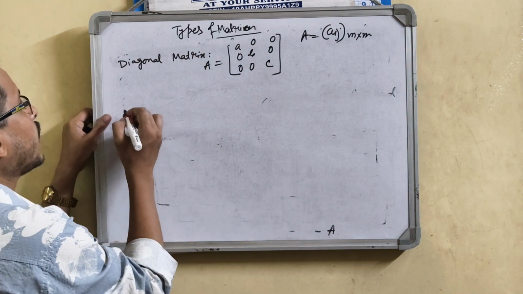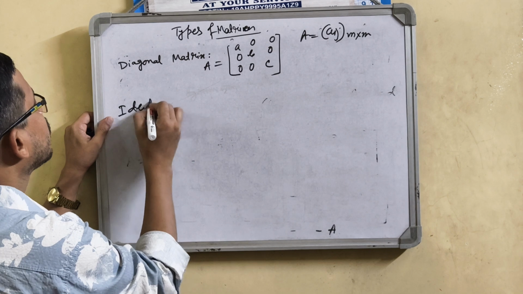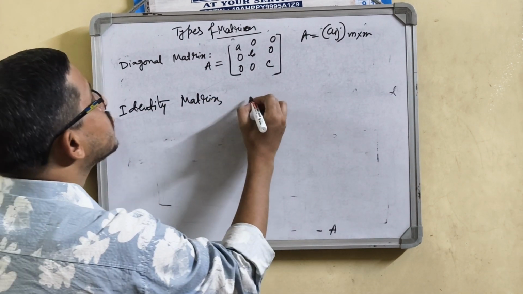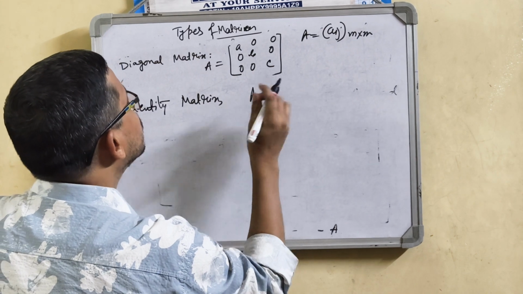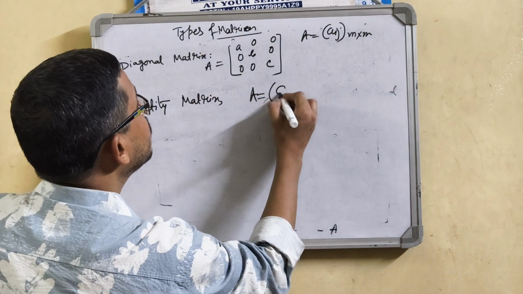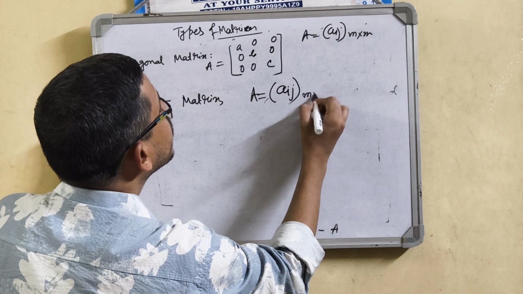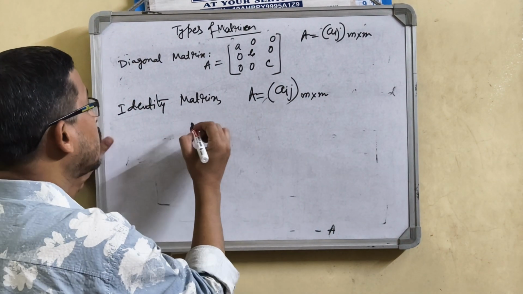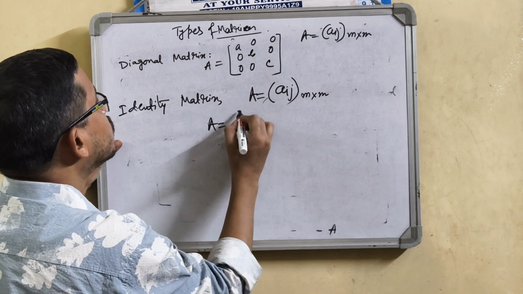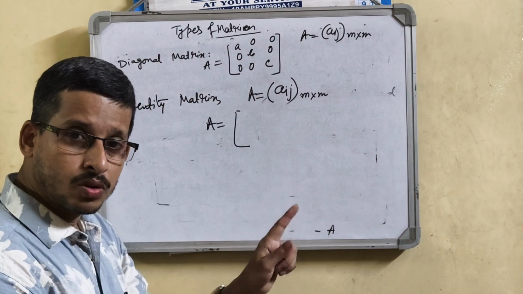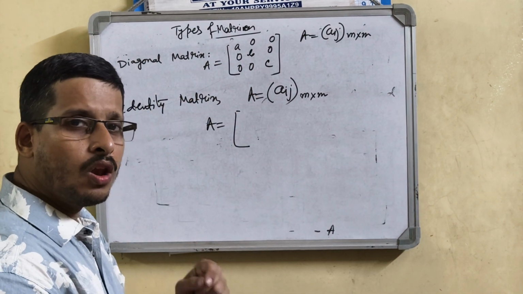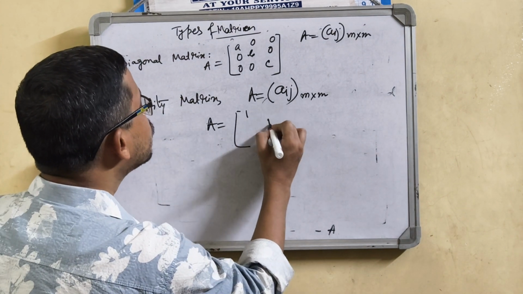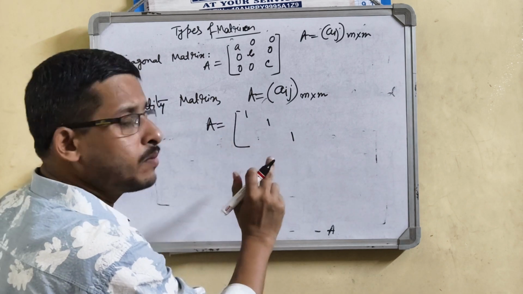And the identity matrix: if A is equal to Aij of m by m, then A is said to be the identity matrix if the diagonal members are equal to 1 and all off diagonal members are equal to 0. This should be a square matrix.